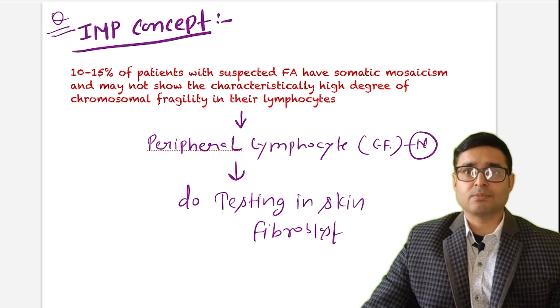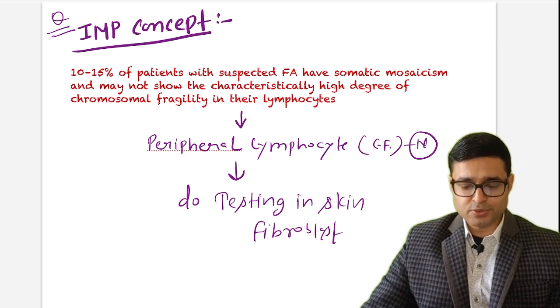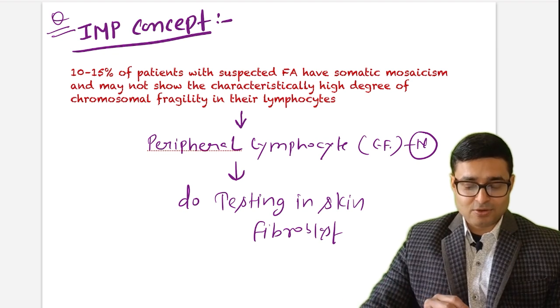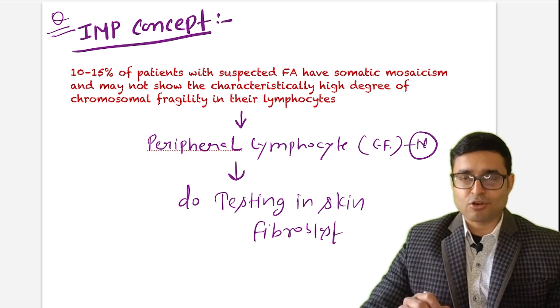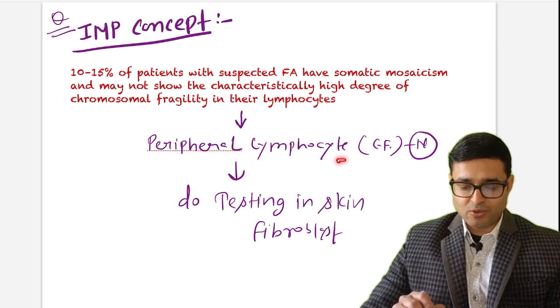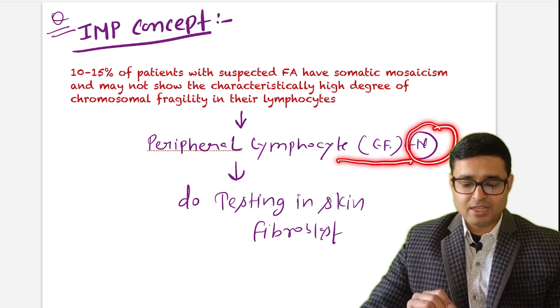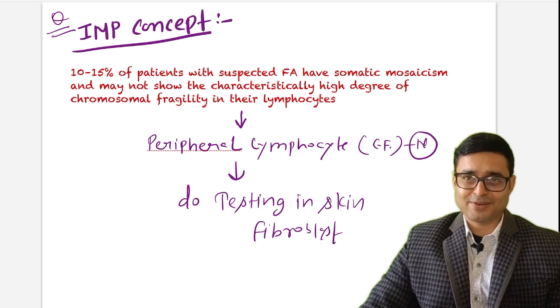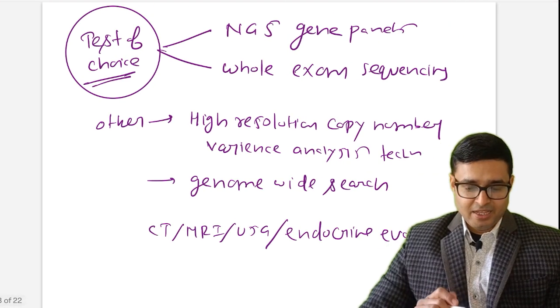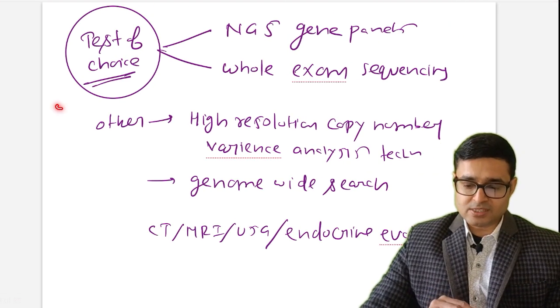Lymphocyte chromosome fragility is normal. So what will we do? Next question. Then we will do peripheral lymphocyte chromosomal fragility, which is normal. Then we'll do testing in skin fibroblasts. Amazing, right?